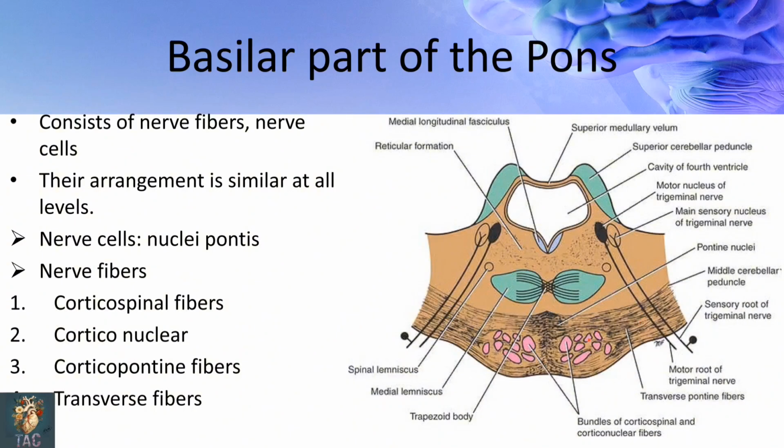The corticopontine fibers, when they relay upon the pontine nucleus, cross to the opposite side, form crossed fibers, and enter through the middle cerebellar peduncle into the cerebellum, forming the corticopontocerebellar pathway. Alongside these fibers, the pontine nuclei are present as well. So this is the basilar part of the pons.